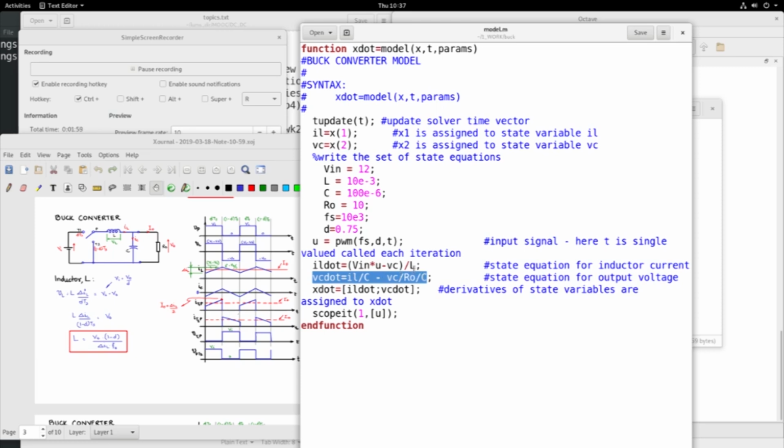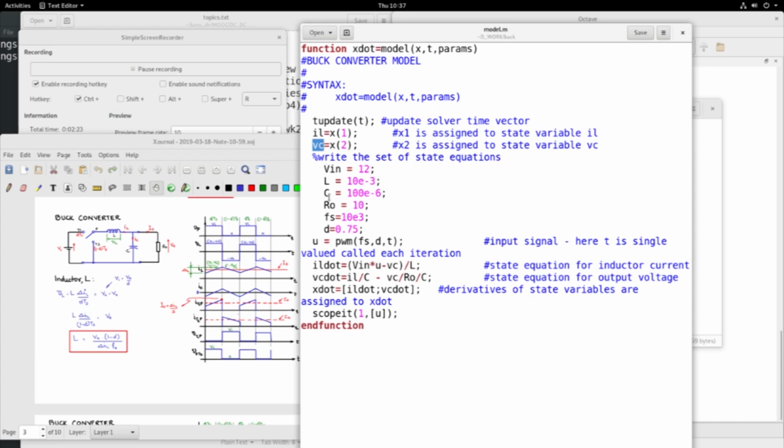So these two are the dynamic equations, and we pass as the output parameter X dot, which is IL dot and VC dot, and the X, which is coming in as an input to this function, is actually representing the two state variables IL and VC as shown here.